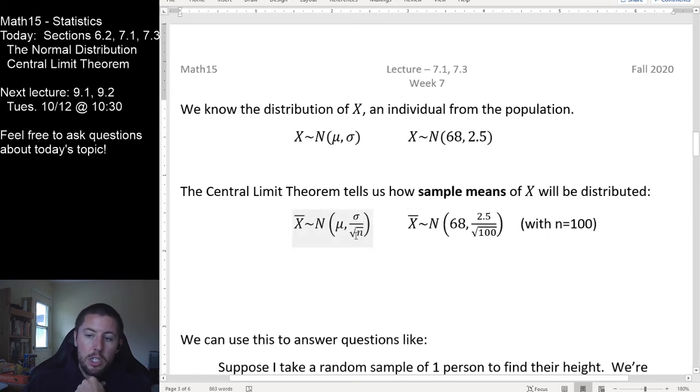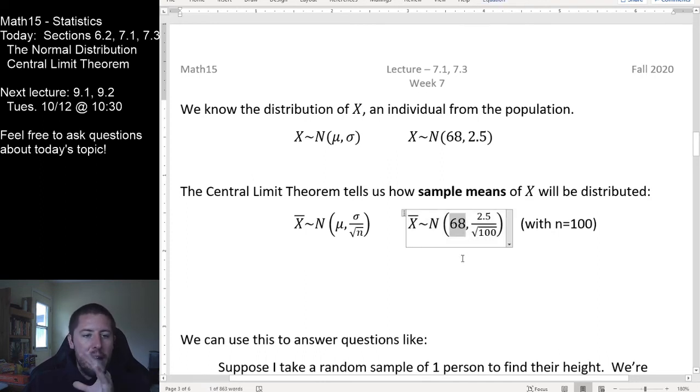We can see this smaller standard deviation because rather than just using our standard deviation sigma, we're dividing by the square root of our sample size. That's because we're doing a division. We're now going to get a term that is smaller than what we previously had for our standard deviation. So what I'm seeing here is how our group averages are distributed. They're still going to be centered at 68.